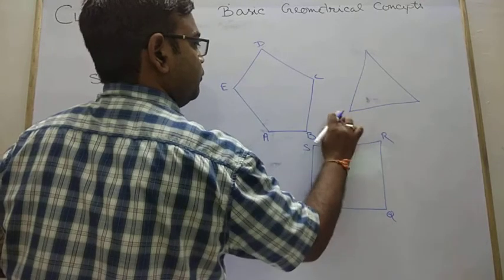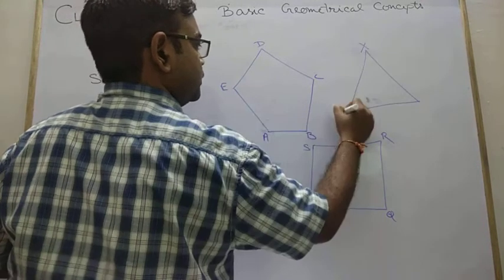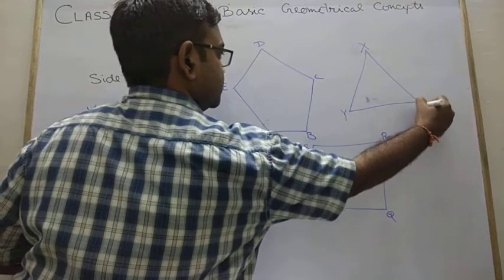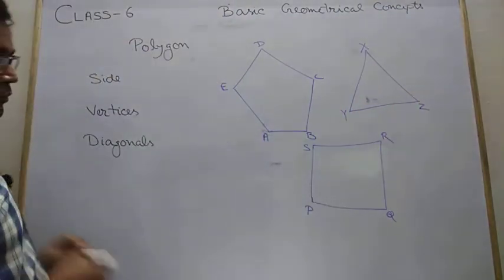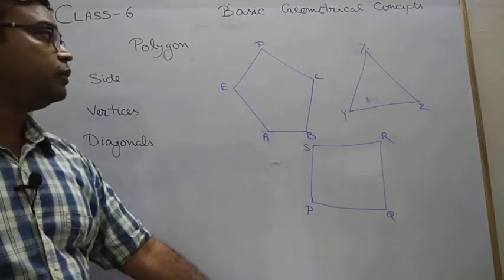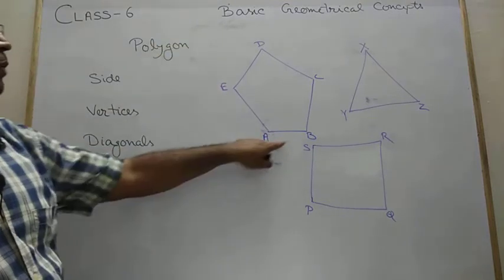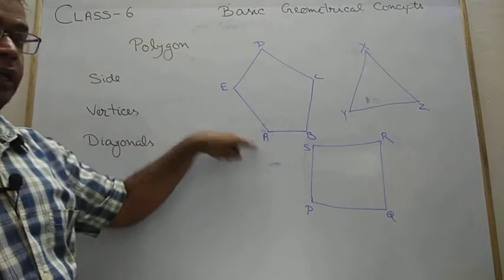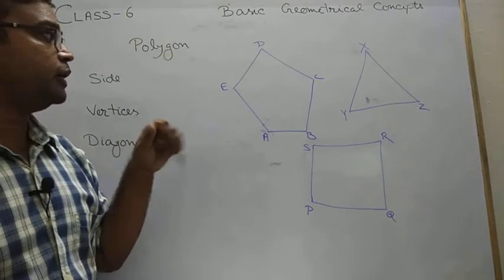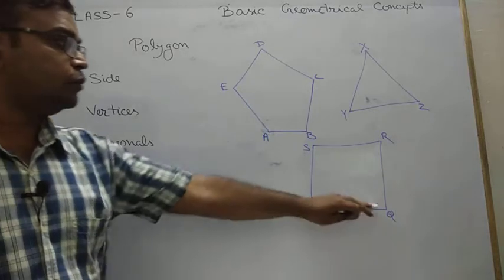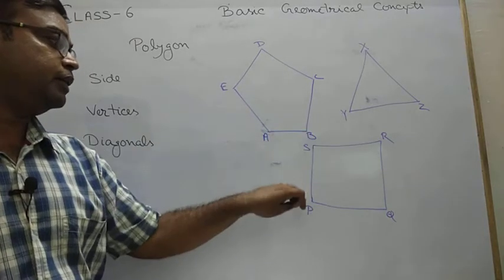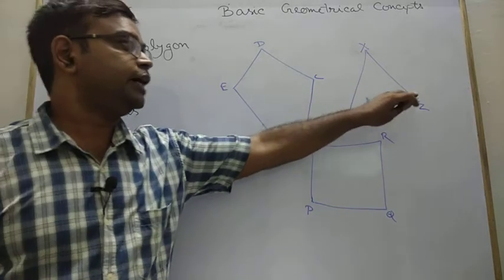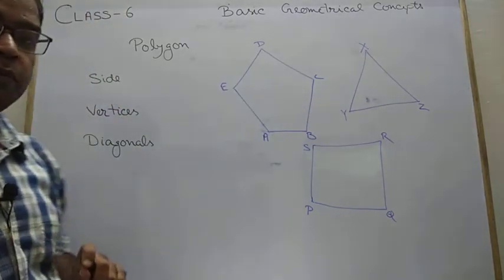If we start from the top, X, Y, Z. So all the sides like AB, BC, CD, DE, EA are known as the sides of this polygon. PQ, QR, RS, SP are sides of this polygon. XY, YZ and ZX are the sides of this polygon.